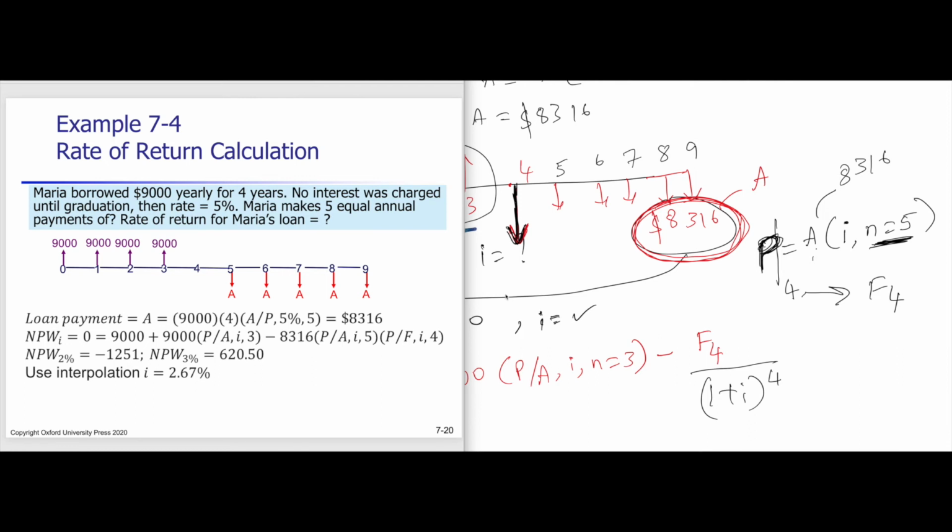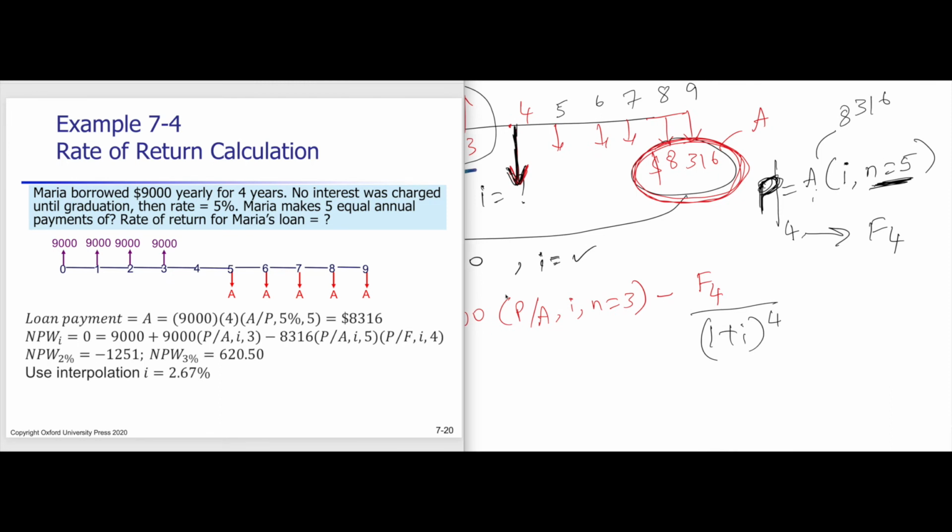So what is F4? F4 is nothing but P4, or what is P4 is, you have to use a formula, find P given A, which is A times 1 plus I to the power n, which is 5, minus 1 over I times 1 plus I to the power n.